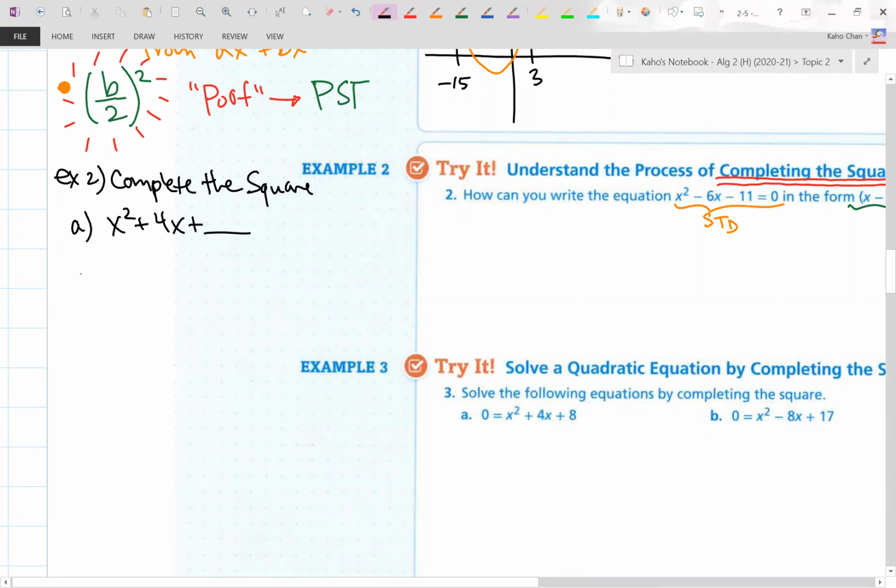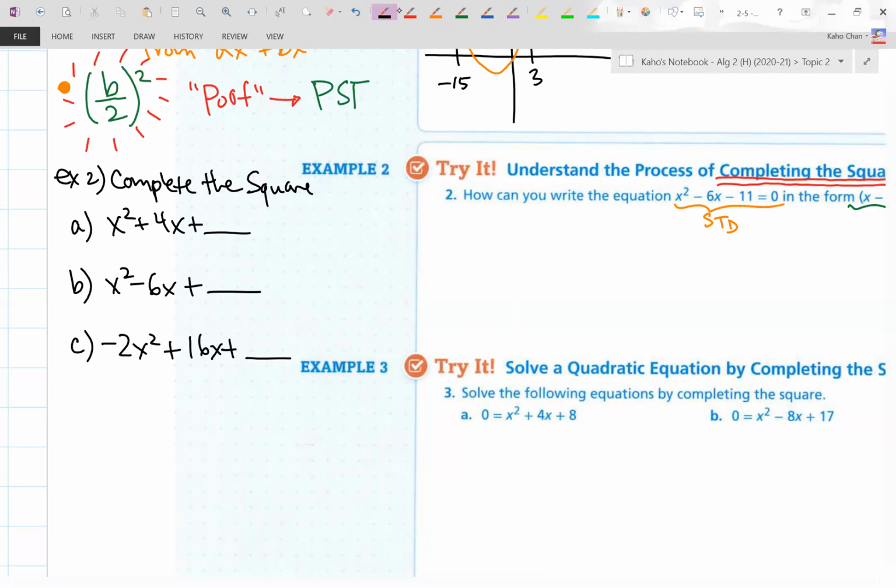That's A. Next one. x squared minus 6x plus blank. That's B. I think I may have made this up, to be honest with you. C, negative 2x squared plus 16x plus blank. That's a much harder problem. So they want us to complete the square and factor. Forgot to put that instruction down.